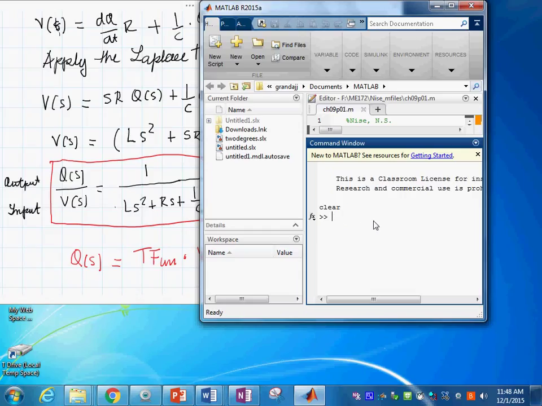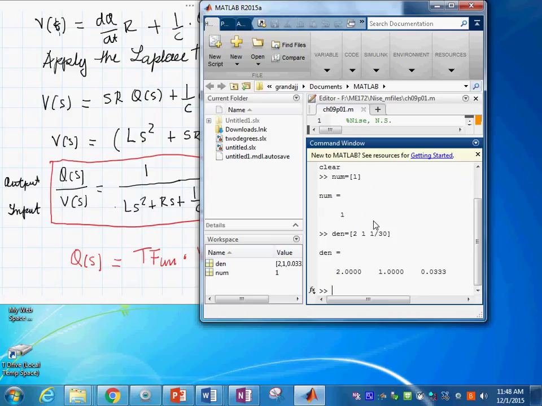I'm going to say the numerator of this thing is just 1. The denominator is a polynomial with coefficient, let's say, 2 for s squared, 1 for r, and for c, 1 over 30. Then close the parentheses, and we say, okay, this is it.